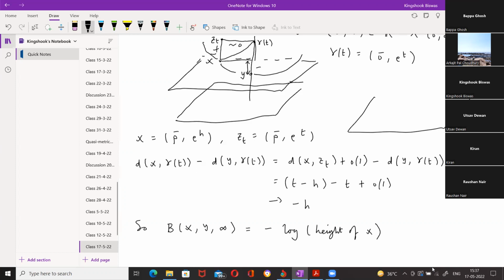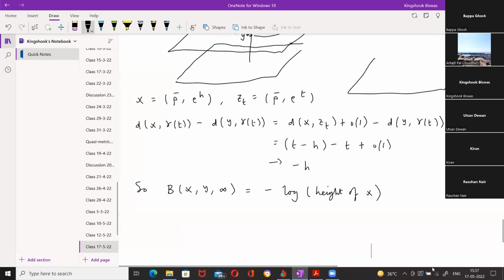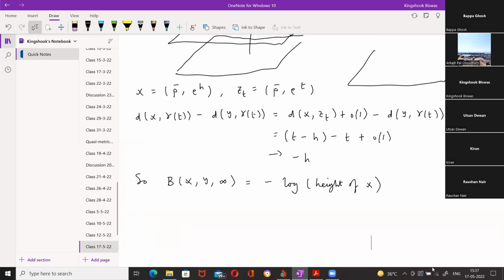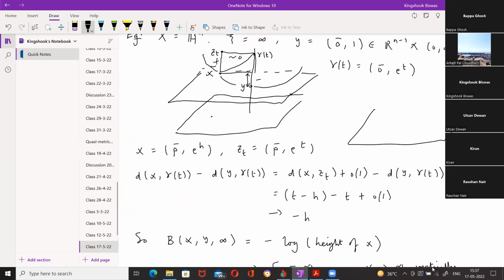So you can see that, what does the limit look like? This converges to minus infinity if x tends to infinity, say vertically. And if you converge to a boundary point xi here, which is not infinity, then the height goes to 0.